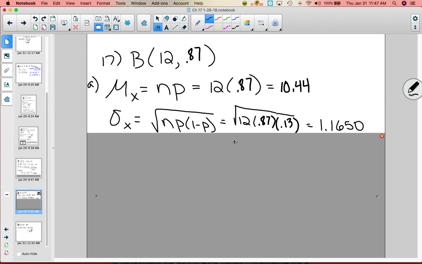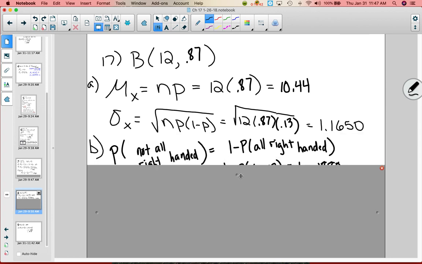Part B says, what's the probability that they're not all right-handed? That means that there's at least one lefty. Sometimes these are hard to think through. The probability that they're not all right-handed is 1 minus the probability that they are all right-handed. So I went with that idea and thought about it in words first.